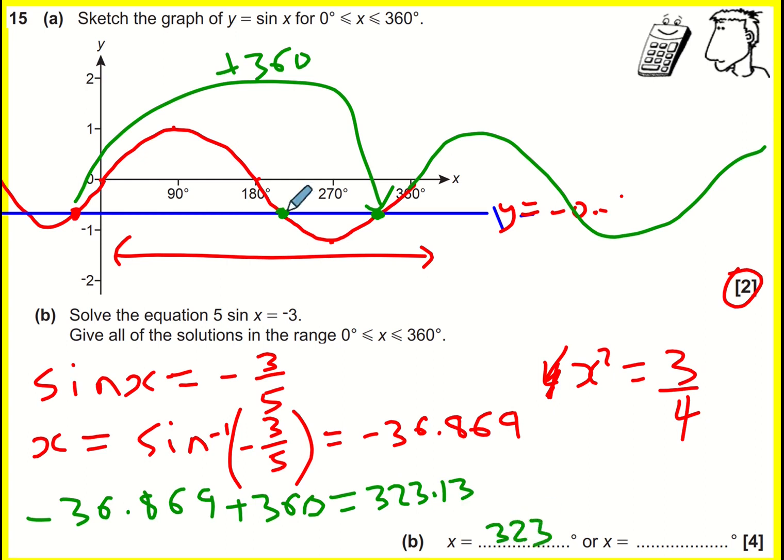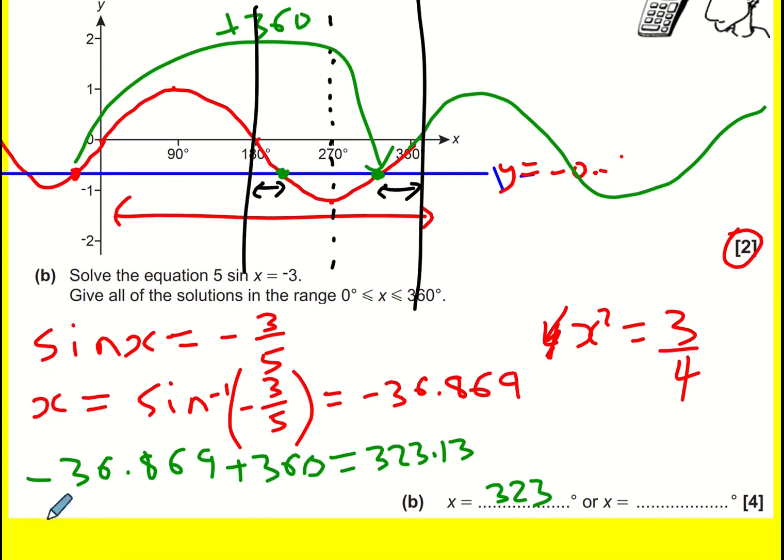Okay, how do we get this one here? Now this is where you have to know even a bit more about the sine curve. We have to know about the symmetries of the sine curve. And if you look at this, it is symmetric. If you only look at this part of it, then the graph is symmetric about the 270, and that's the key bit basically, because this distance here is going to be exactly the same as this distance here.